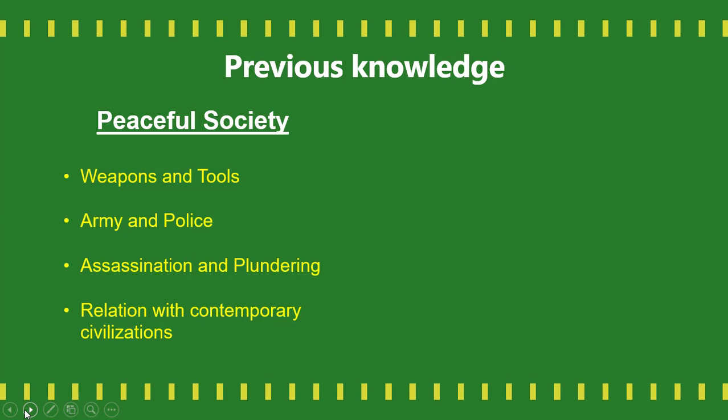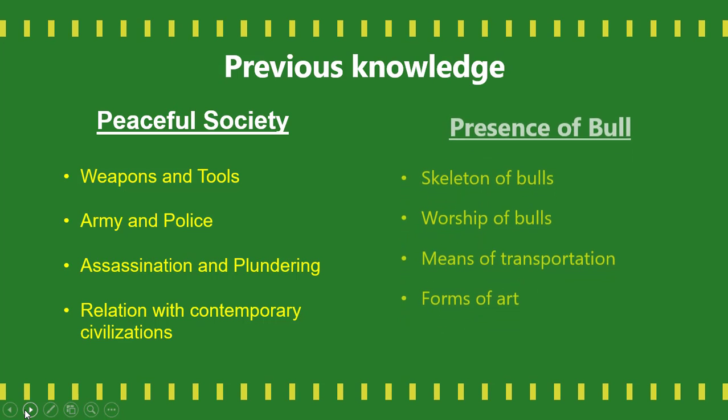Army and police were present for protection. There was no sign of assassination and plundering. Relations with contemporary civilizations were based on peace and trade. Contemporary civilizations were Mesopotamia, Sumeria, and Egypt.